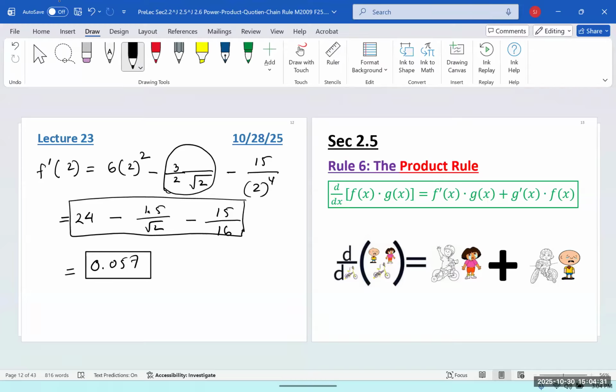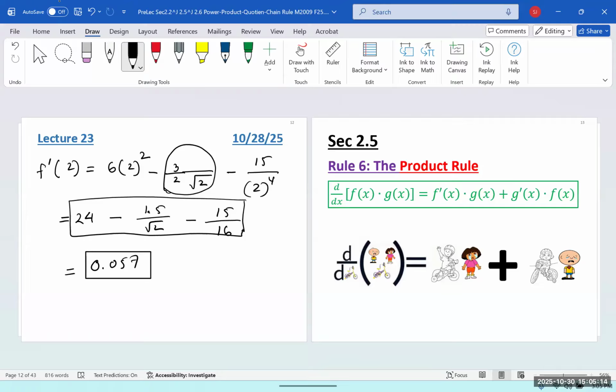Okay? So to remember this in a fun way, I have this picture. This picture is showing Dora and Caillou, do you guys remember them? They are arguing about a bicycle. Let's say the bicycle is a derivative, okay? So whoever gets the derivative is happy. Since in 2 functions, we cannot give them the bicycle at the same time, there's one bicycle, so only one person can get it. First, Caillou got the bicycle, so Caillou is happy.